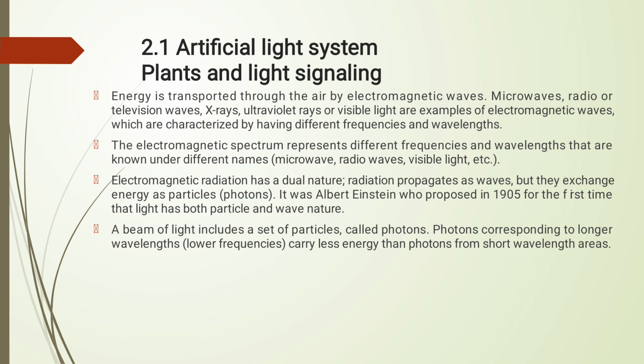It was Albert Einstein who proposed in 1905 for the first time that light has both particle and wave nature. A beam of light includes a set of particles called photons. Photons corresponding to longer wavelengths carry less energy than photons from short wavelength areas.